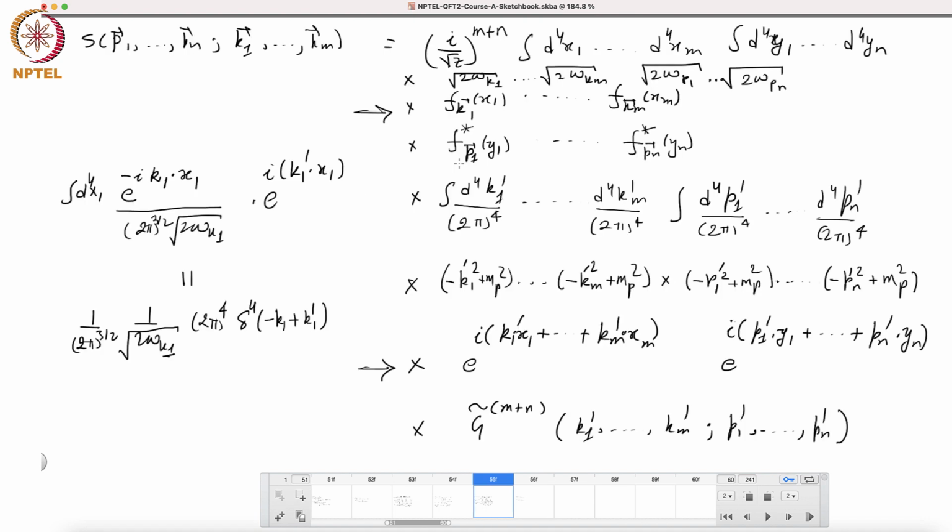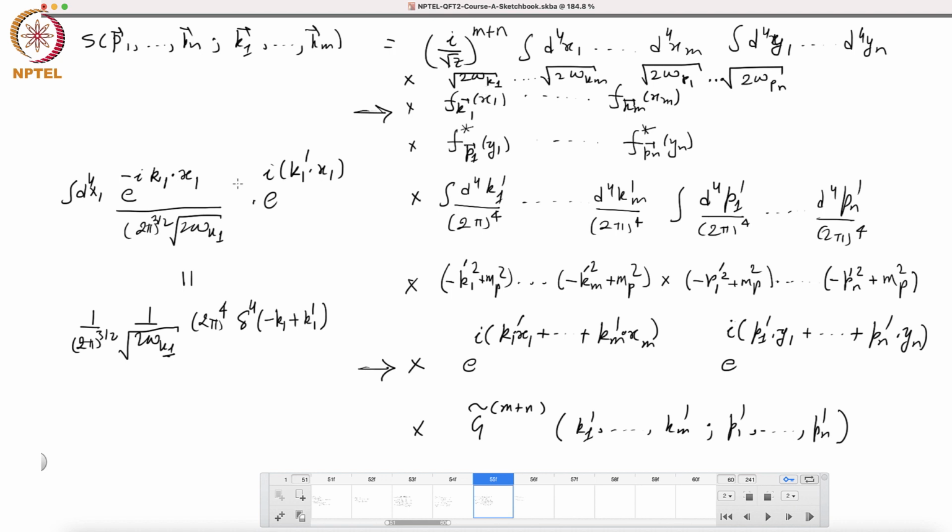So what happens, we'll have these factors, i over square root of Z^(m+n), then you have all these root 2 omega ki, but then that root 2 omega ki will get cancelled.